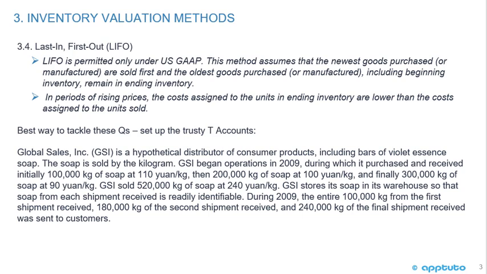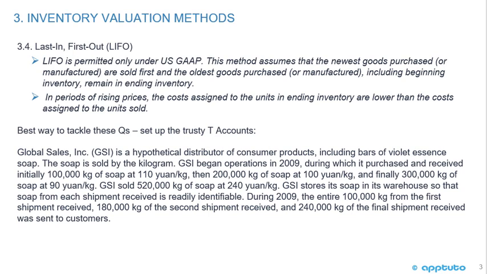GSI began operations in 2009, during which it purchased and received initially 100,000 kilograms of soap at 110 won per kilogram, then 200,000 kilograms of soap at 100 won per kilogram, and finally 300,000 kilograms of soap at 90 won per kilogram. GSI sold 520,000 kilograms of soap at 240 won per kilogram.